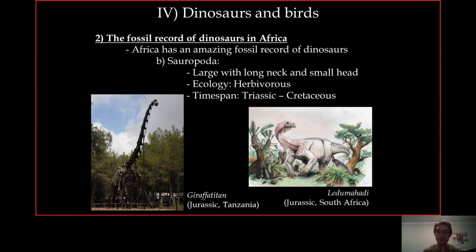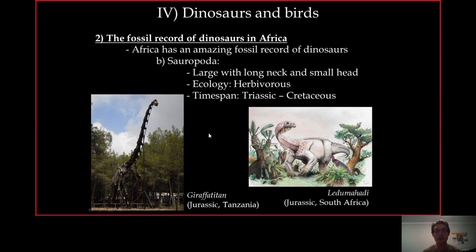This Ledumahadi mafube was the earliest very large relative of sauropods. It was the first dinosaur to reach beyond 10 tons, and it lived in the early Jurassic. So it was more or less the ancestor to the Giraffatitan of the late Jurassic.